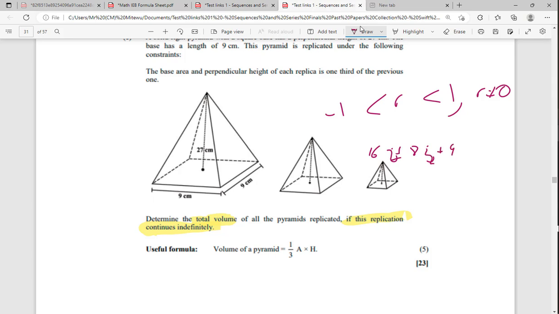I'm dividing by 2, so I do right divided by left and get a half, which is an r value that falls in this range.